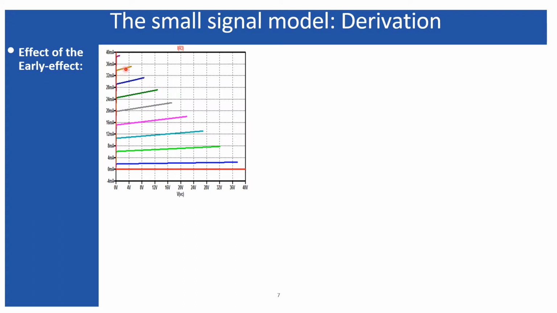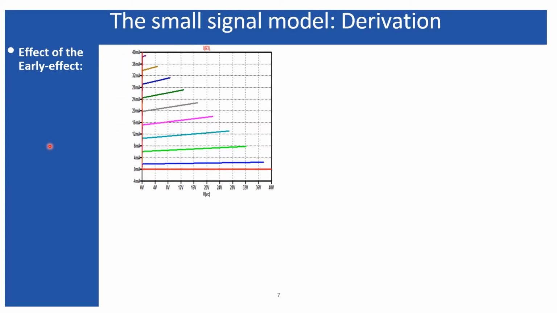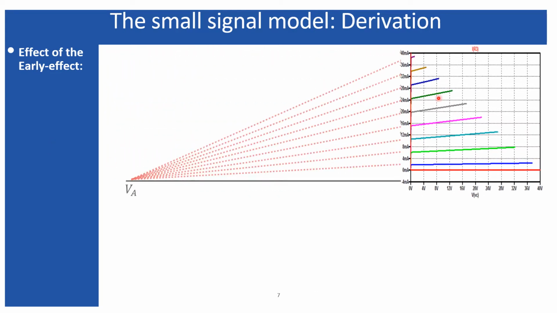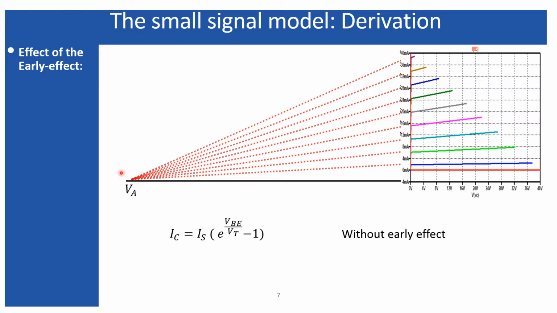If you extend this curve beyond the negative axis of VCE, you will see that all of these curves meet at a certain point on the voltage axis, and that voltage I have denoted by VA, and this voltage is called the early voltage.